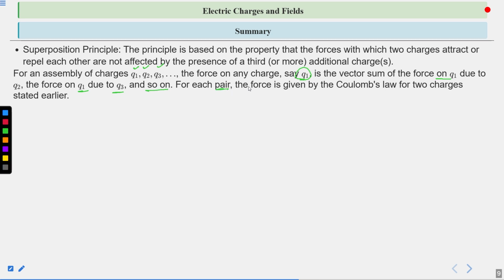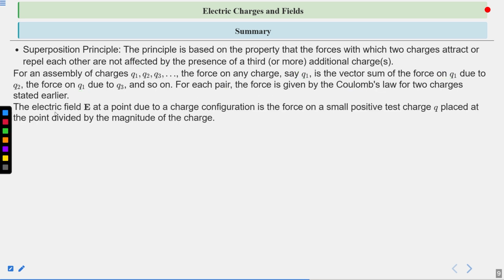For each pair, the force is given by Coulomb's law for two charges. So the electric field at a point due to a charge configuration is the force on a small positive test charge q placed at the point divided by the magnitude of the charge.